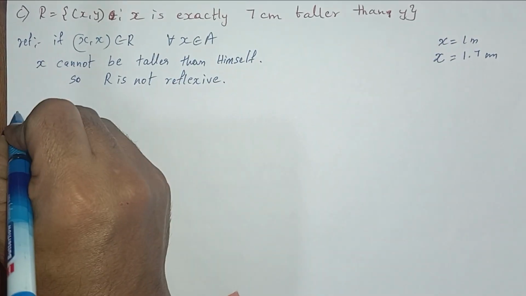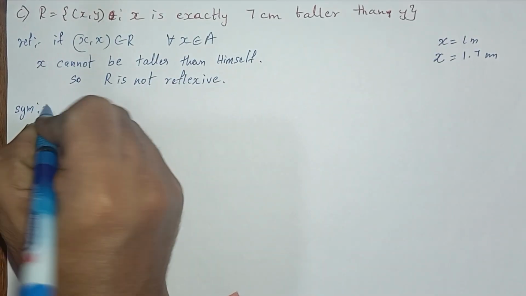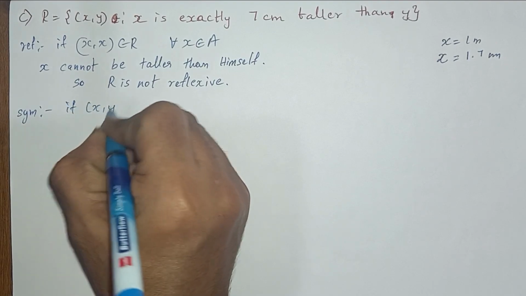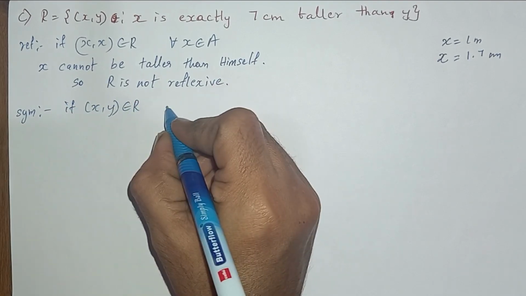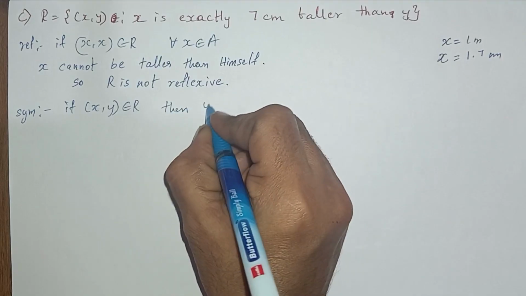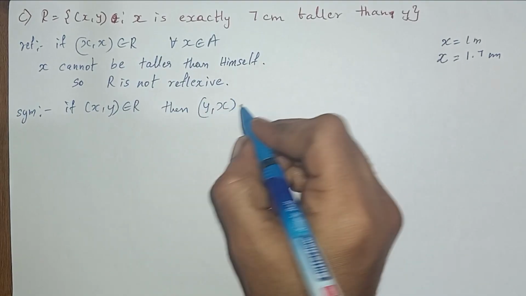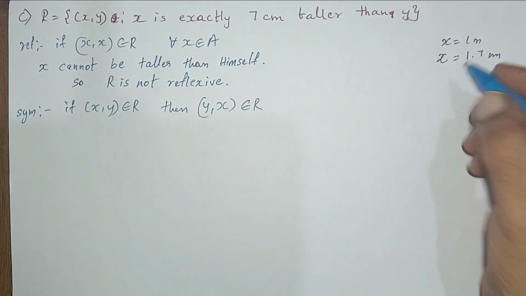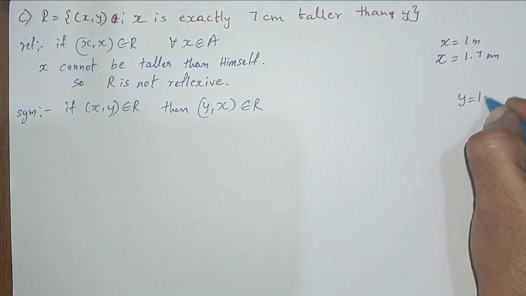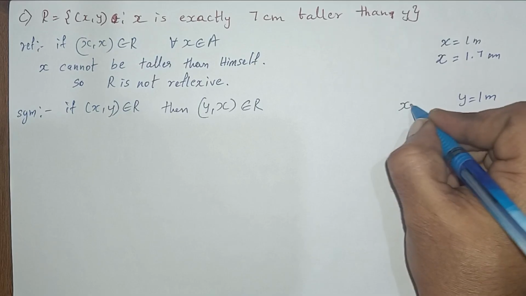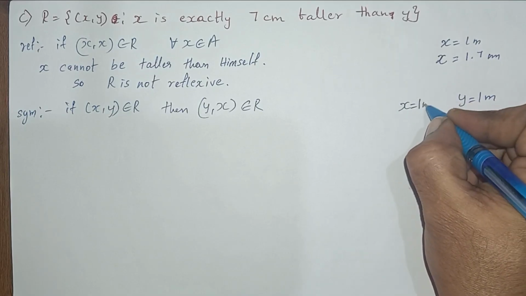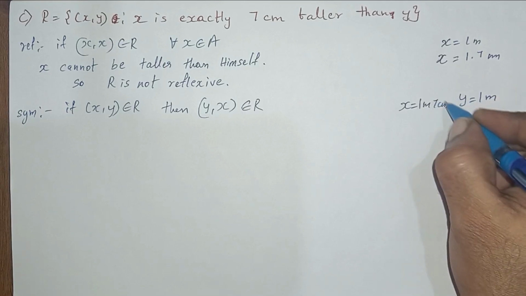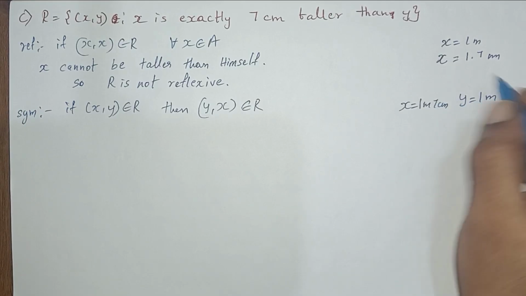Now we have to check for symmetric. Symmetric says if (x, y) belongs to R, then (y, x) should belong to R. So here, y is 1 meter tall and x is 1 meter 7 centimeters, so x is 7 centimeters taller than y.